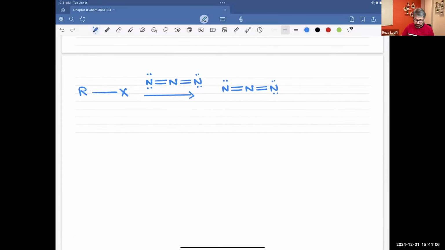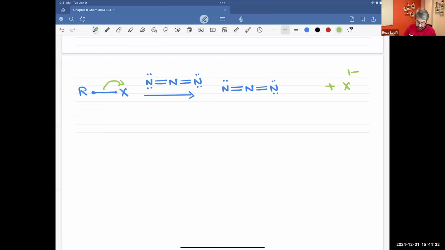So in the first step, we have an alkyl halide, or any compound with an alkyl and a good leaving group, and we're going to treat it with sodium azide, and so we're going to kick the X out of the system. X will take those 2 electrons and leave the system as X minus 1.